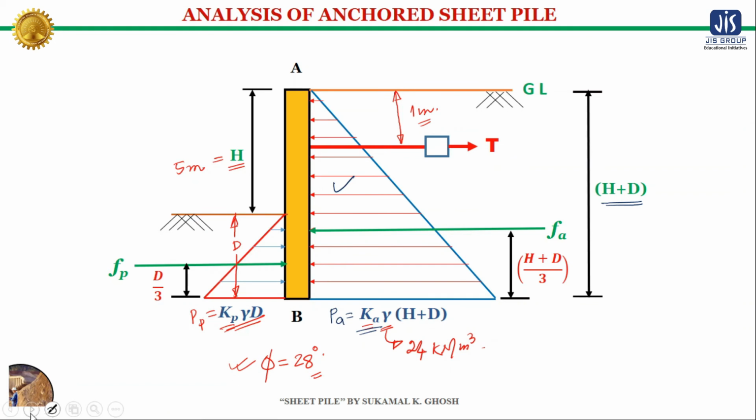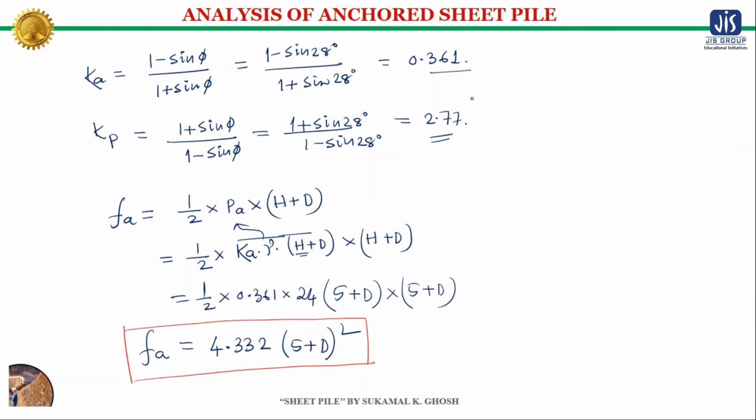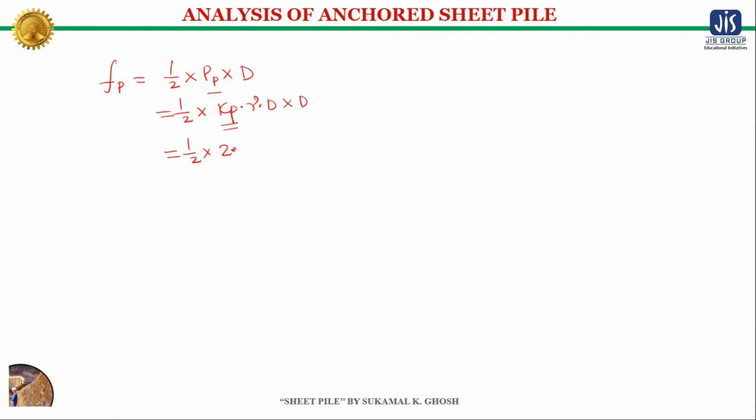So it will be half into Pp into D. The value of Pp is Kp into gamma into D. The Kp value is 2.77, the value of gamma is 24, into D square.